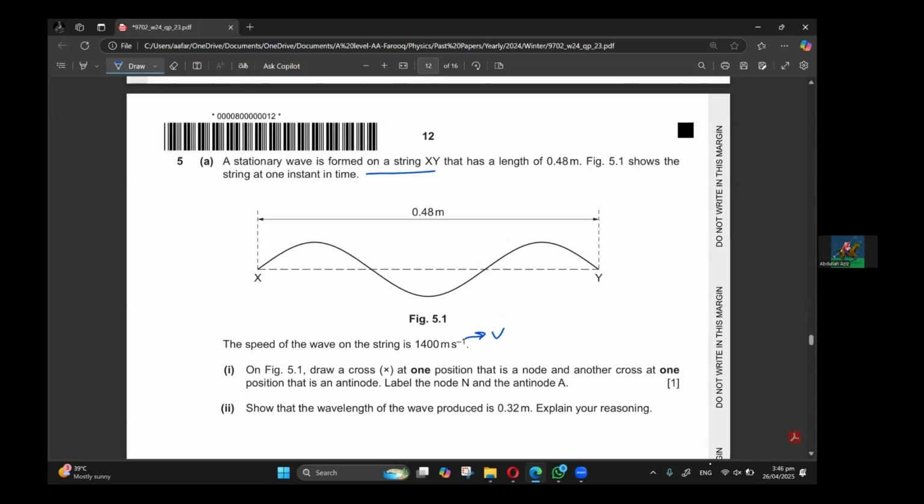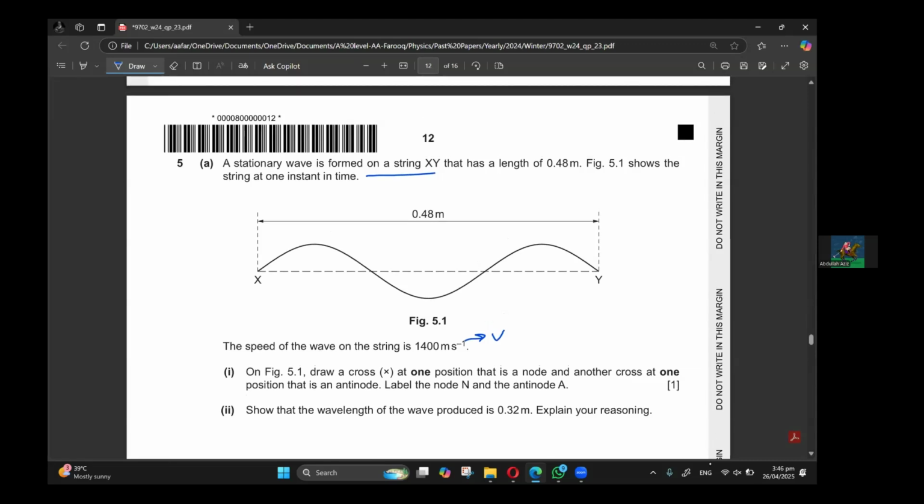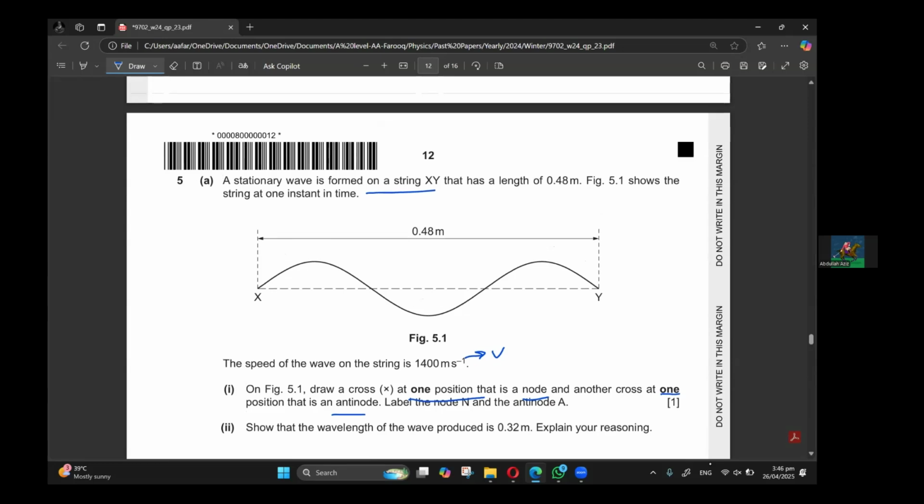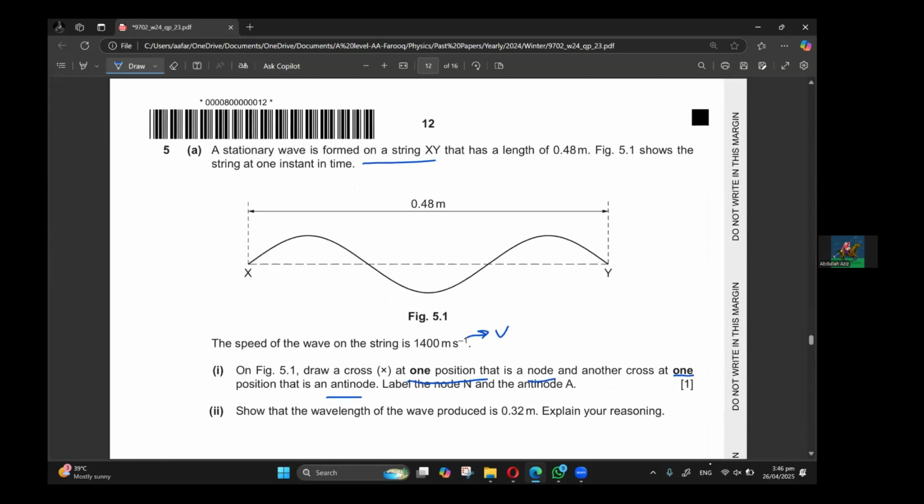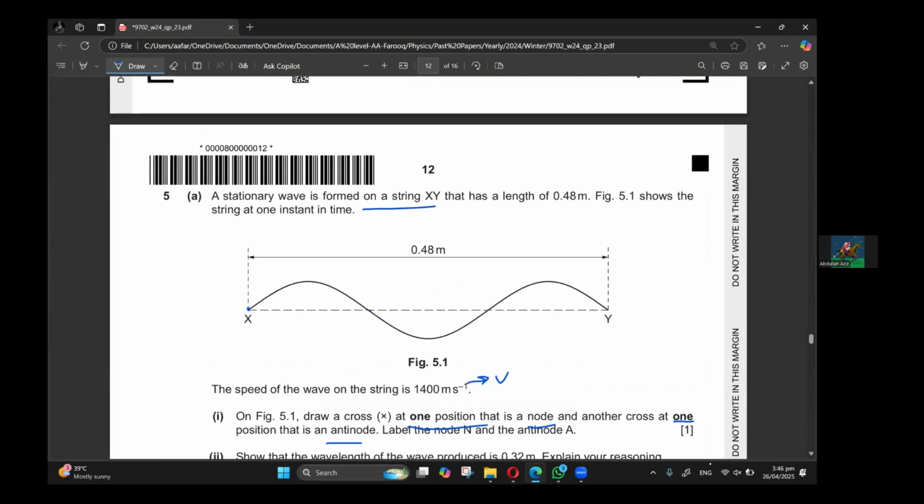On figure 5.1, draw a cross at one position that is a node, another cross at one position that is an antinode. Label the node N and the antinode K. In stationary waves, you know that nodes are those points which do not move. So if you can imagine this wave a few seconds later, it will look something like this.